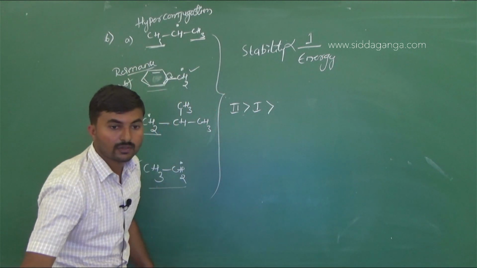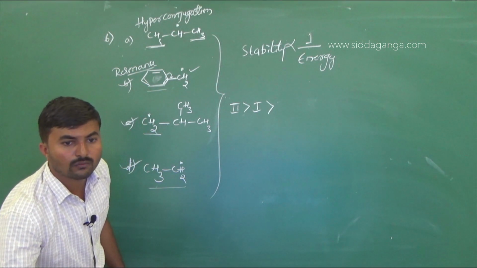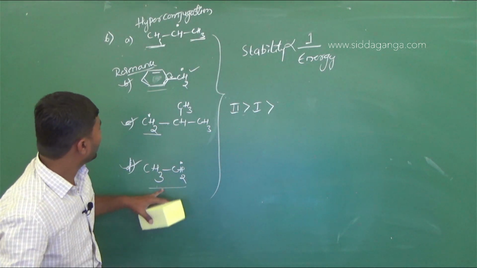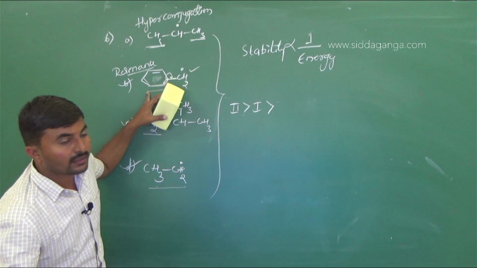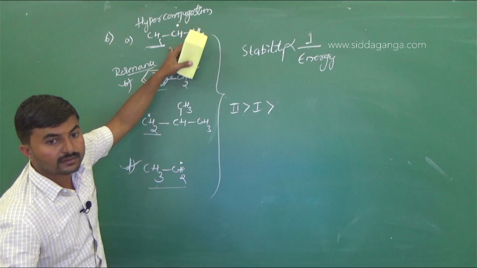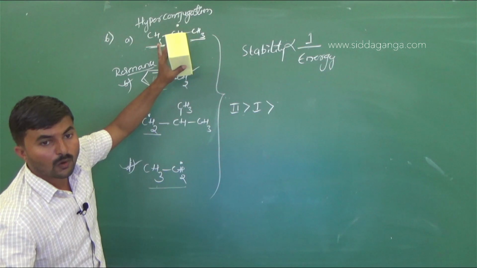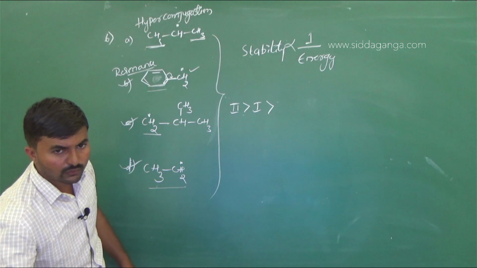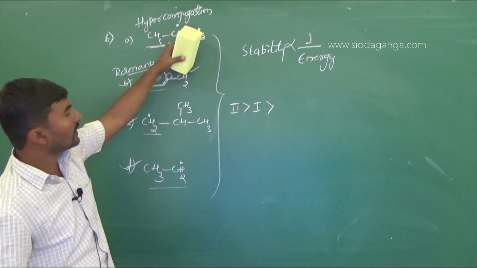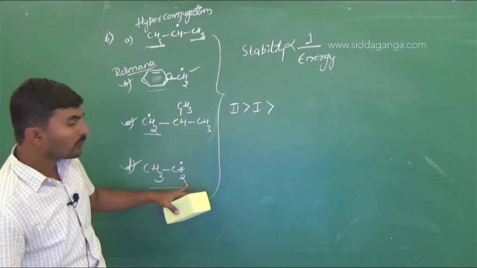So what are the options they have given? Option 1 says 4 greater than 3, that is wrong. Second one, 2 greater than 1, followed by 3. Option 3 says 1 greater than 2, that is wrong. Option 4 says 2 greater than 1 greater than 3 greater than 4.